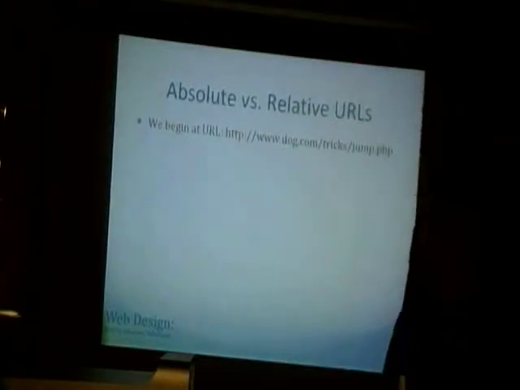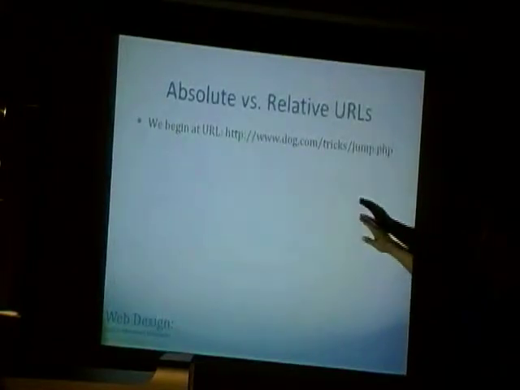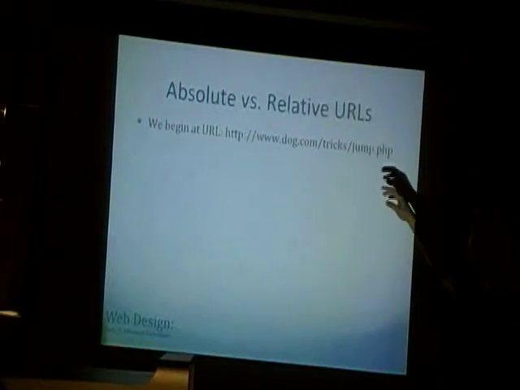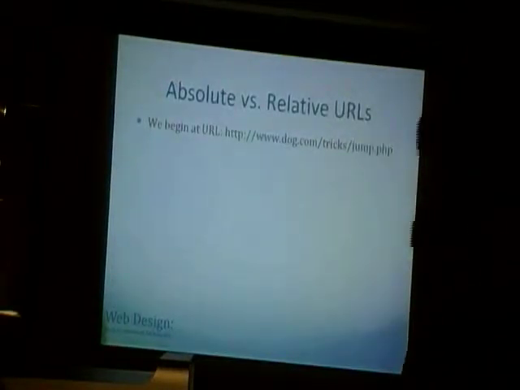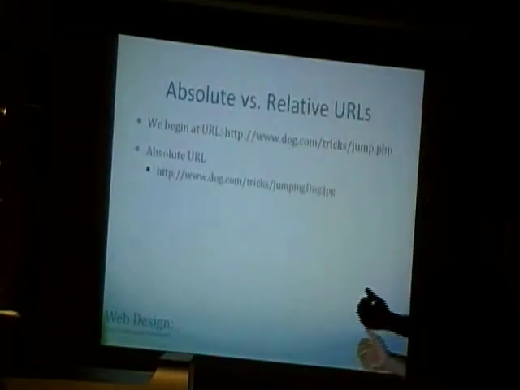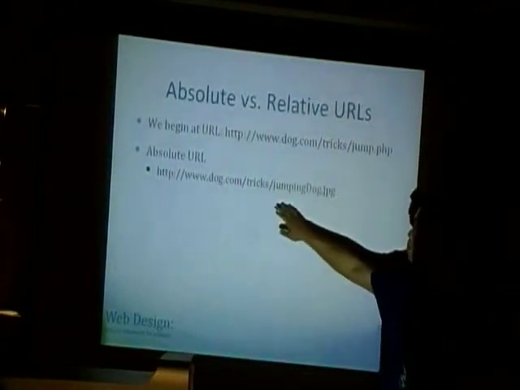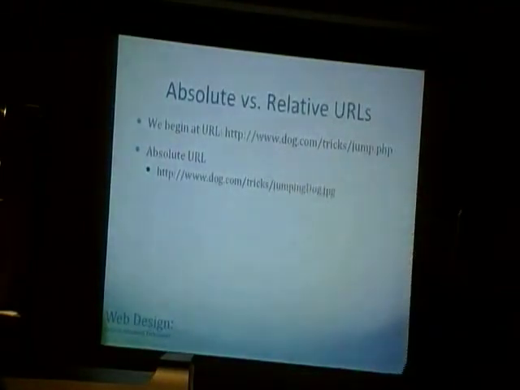All right. Okay. So absolute versus relative URLs. This is something new that I didn't cover last time. As an example, we're going to use this site called http://www.dog.com/tricks/jump.php. And on this page, there's an image, and the absolute URL of that image is www.dog.com/tricks/jumpingdog.jpg.